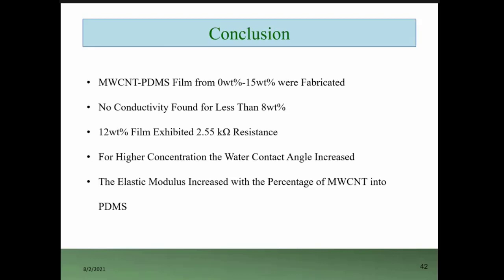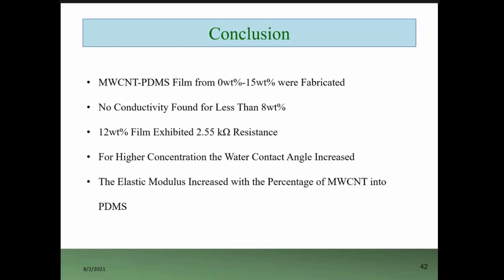But if we increased the concentration, we could find a significant amount of conductivity in the film. And I used the 12 weight percentage thin film, where the resistance was 2.55 kilo ohm.